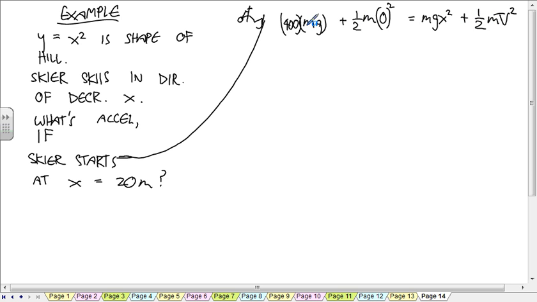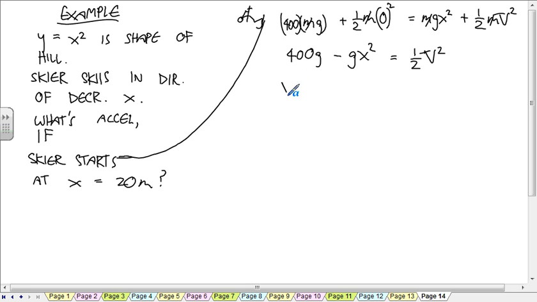We can divide out all the m's, and we get 400g minus gx squared is equal to 1/2 v squared.